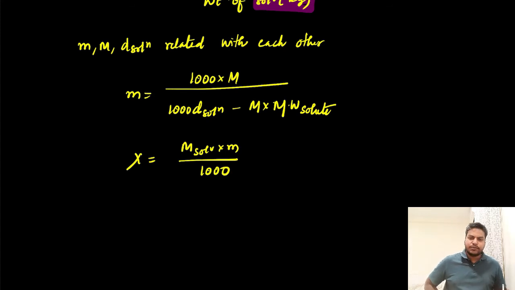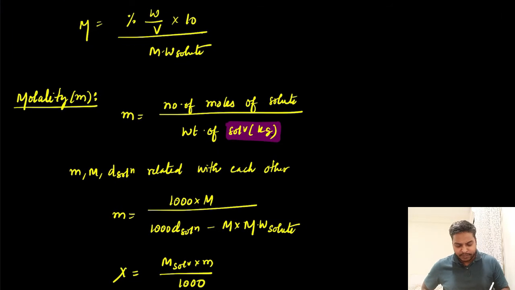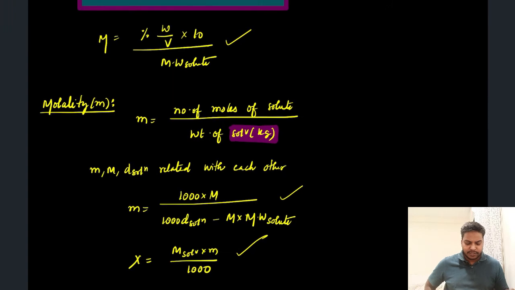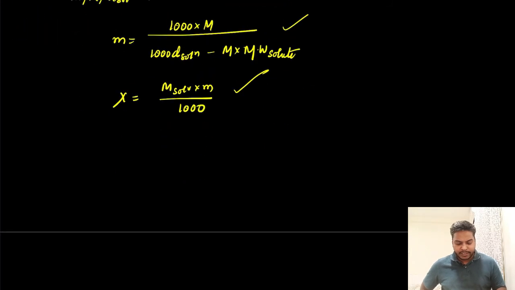So this is one way you can relate molality with respect to mole fraction. So I would suggest remember these three formulas, 1, 2 and 3. This will be very much useful for problem solving. So we learned how the molality works.